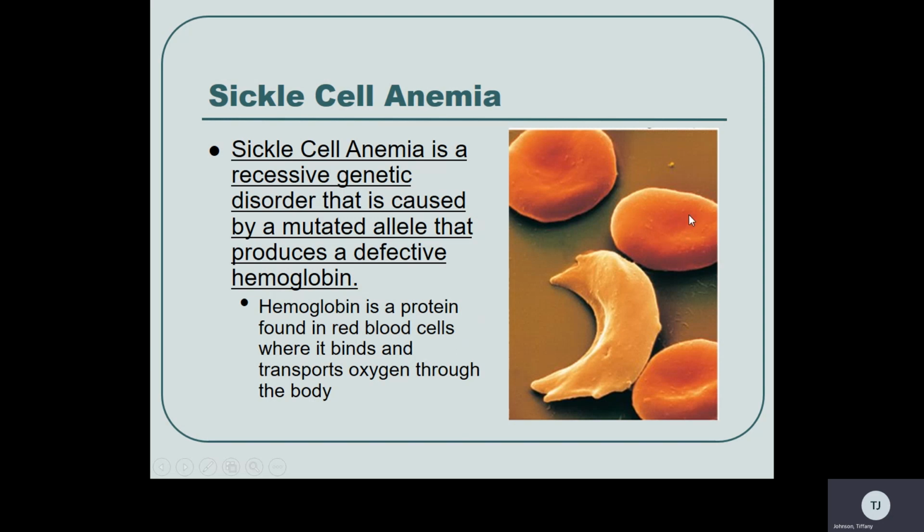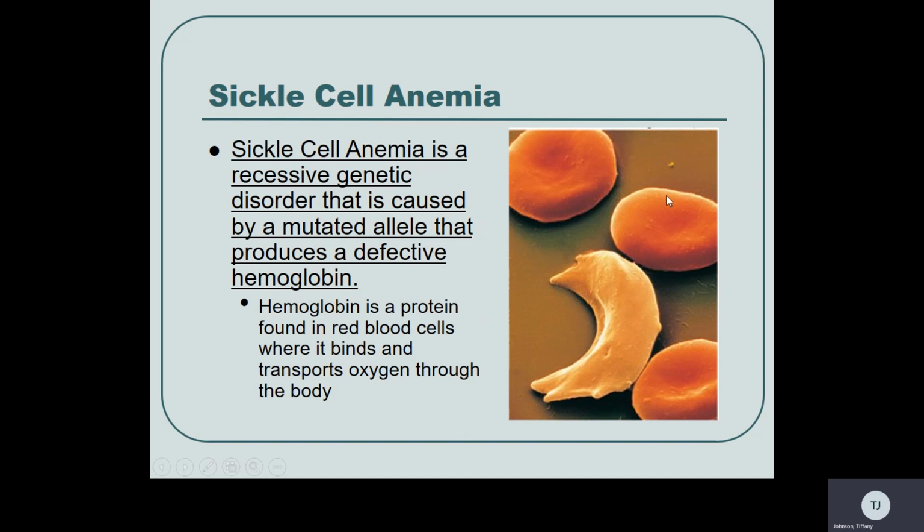Hemoglobin is so well embedded in that cell membrane that it actually determines the shape of the red blood cell. Red blood cells look what we call discoid. When I say discoid, they look like donuts, but not with a full hole in the middle. They just look like donuts with an impression in the middle.